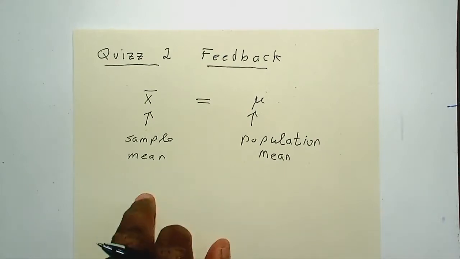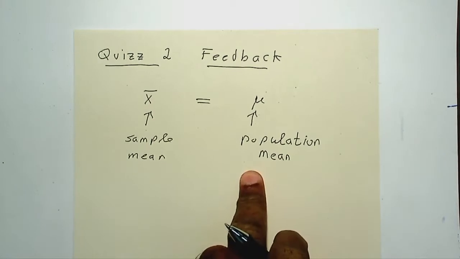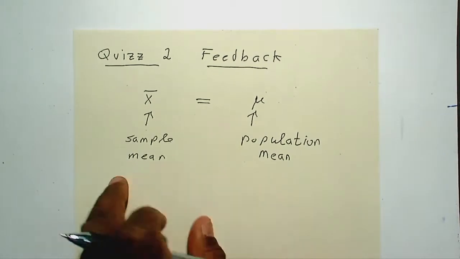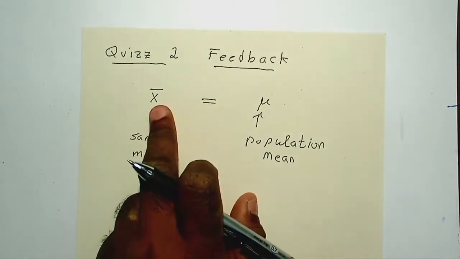The population is usually a very big number, like all men in the UK, which are in millions, so you can't access the population. If you are interested in the heights of all men in the UK, that's impossible to access. So the population mean, you will never know what it is. The sample mean is when you select a sample, say 100 men, measure their heights, and take the mean of that. That is the sample mean, denoted by x bar.